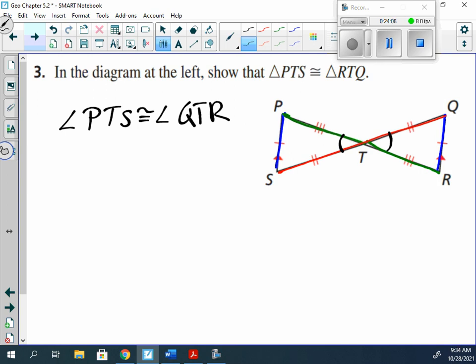There's P, T, S and Q, T, R. What are those two angles? Vertical angles. Vertical angles are congruent, yes? So we can say that these two angles are congruent because of vertical angles. Angle P is congruent to angle R.